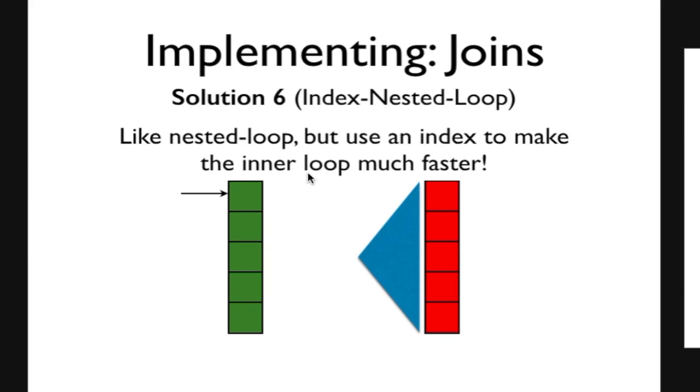You can just iteratively retrieve the specific elements of B that match up against the elements of A that you're scanning over. So you visit every element in A exactly once, and for every element in A, you find all the matching elements in B. Yeah? Under what condition would you already have that built?